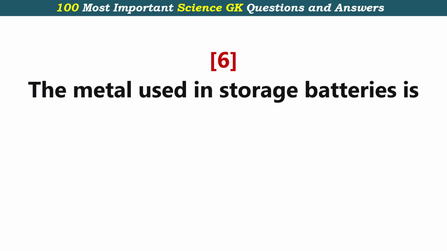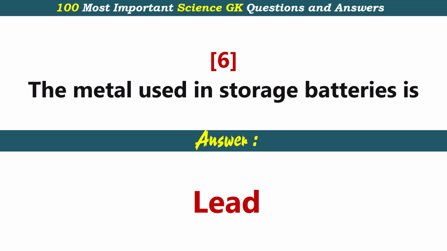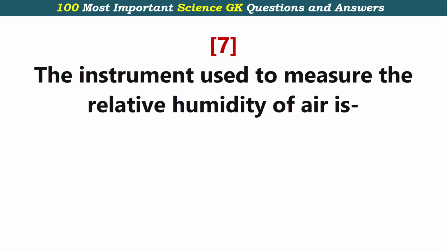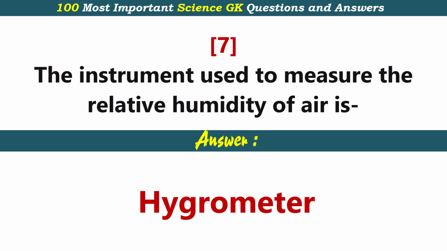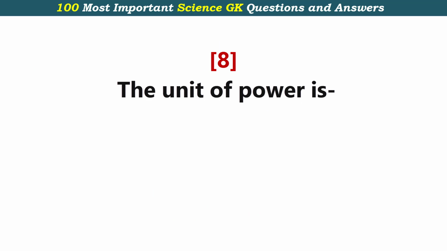The metal used in storage batteries is? Answer: Lead. The instrument used to measure the relative humidity of air is? Answer: Hygrometer. The unit of power is?